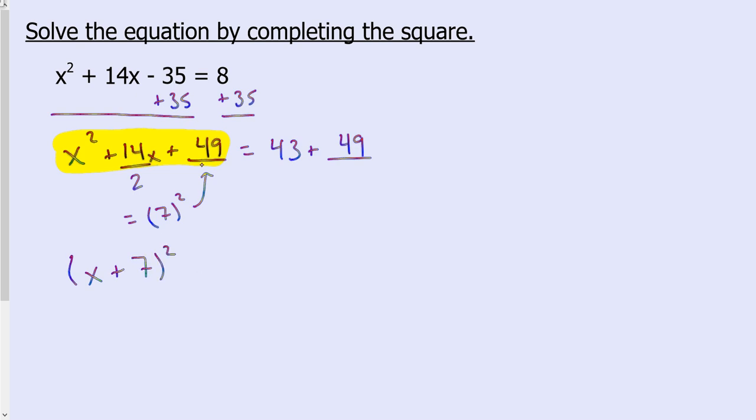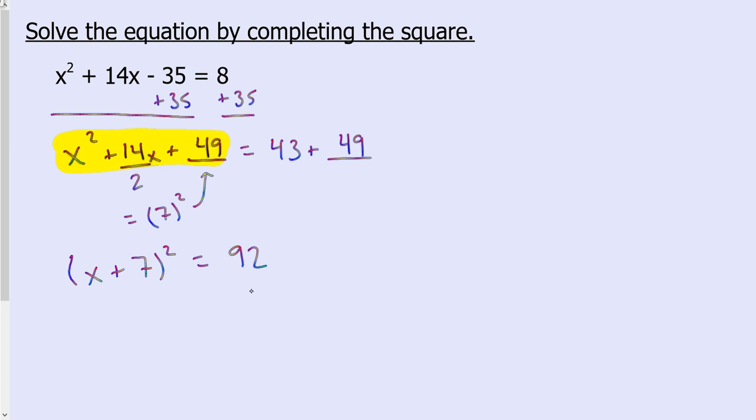Okay, because 7 times 7 is 49, and positive 7 and positive 7x is that 14x. Okay, and then over on this side, I've got 43 and 49, and don't use a calculator for it. Come on, guys. So if we do 40 and 40, well, that makes 80. Plus 9 is 89. Plus 3 is what? 92. Okay, so that's going to give me a 92, right?